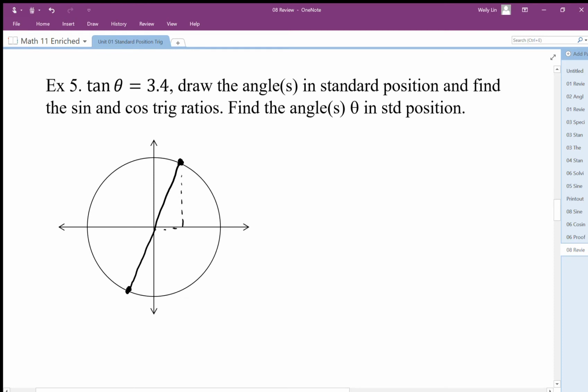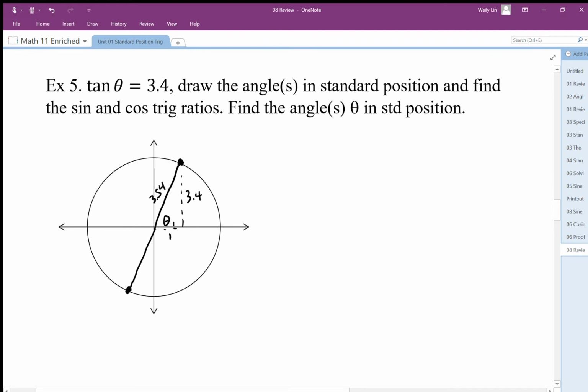So I'm going to call that one theta 1. Okay, and this is going to be 3.4, and since we are dealing with decimals, I'm going to go ahead and find the decimal value of that hypotenuse. So I'm going to go 3.4 squared plus 1 squared, and then square root that number. I get about 3.54.